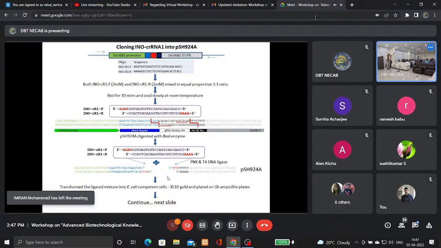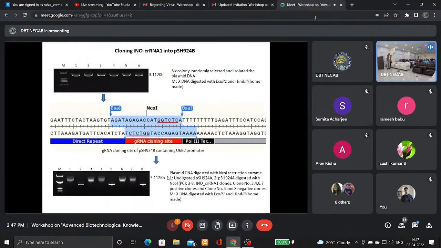So when my guide RNA is going to replace this region, this NcoI site will be abolished, right? So we digested all my plasmid DNA with the NcoI. So wherever there is a digestion, this is digested. It means what?